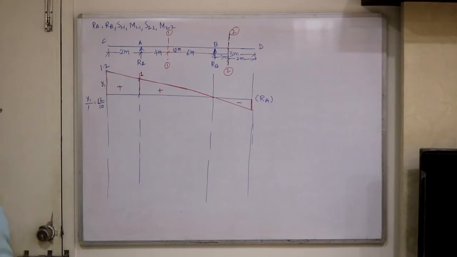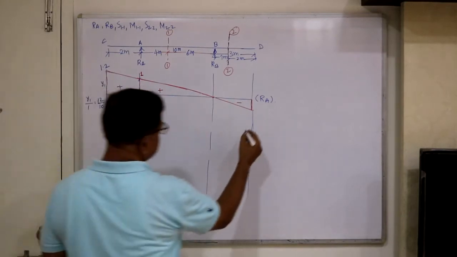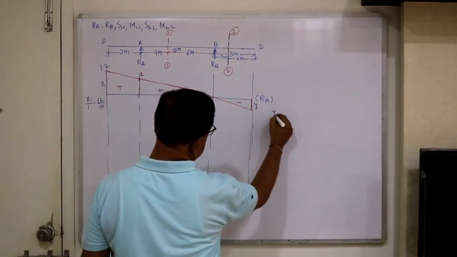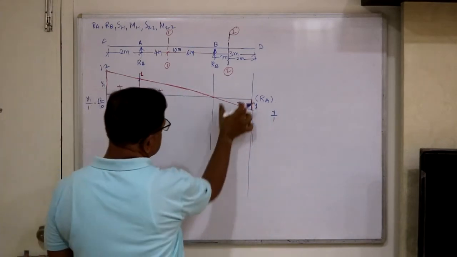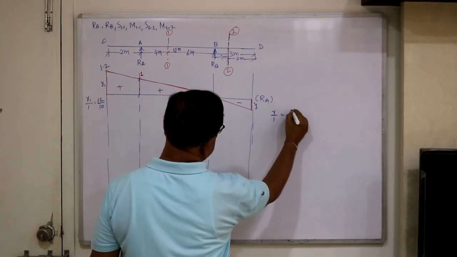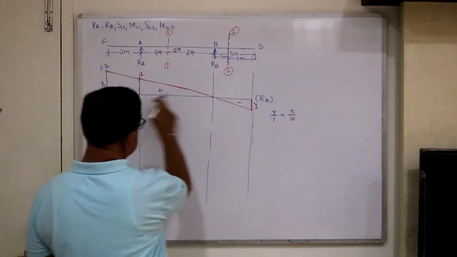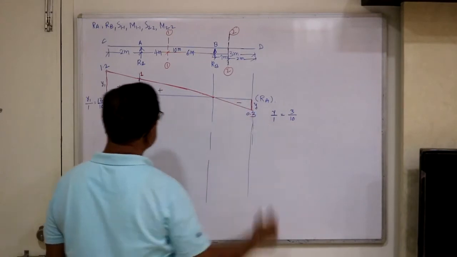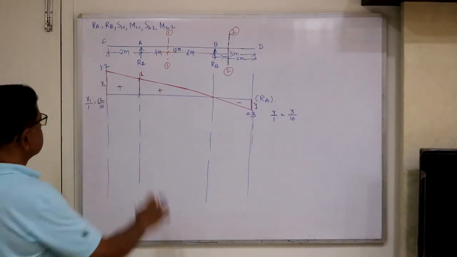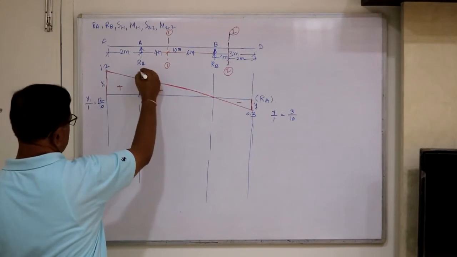This ordinate is 1.2. Similarly, if you want to find this y divided by 1, compare this triangle and this triangle. Base of this is 3 divided by base of this triangle, 10. So this becomes 0.3. This becomes 0.3. So this is 1. This we know.